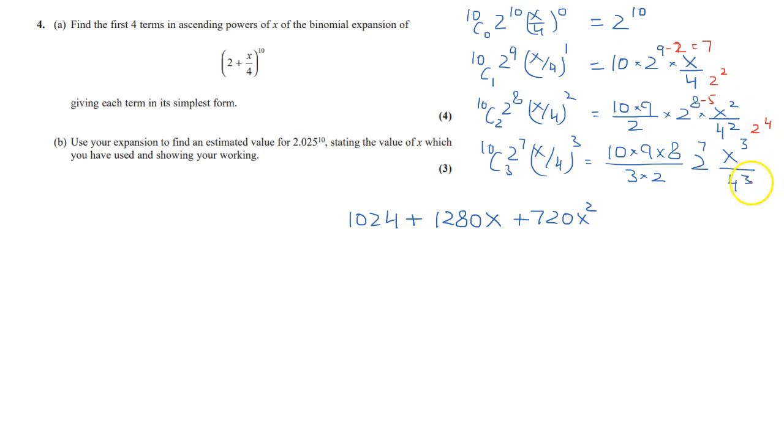Now this one, 4 to the power 3 means 2 to the power 6, another 2, 2 to the power 7, so this just cancels. 3 times 3 is 9, 8 times 3 is 24, times 10, 240, so that is plus 240x cubed. So this is the expansion in simple form.